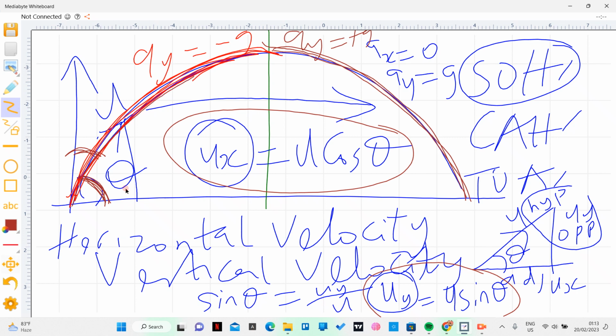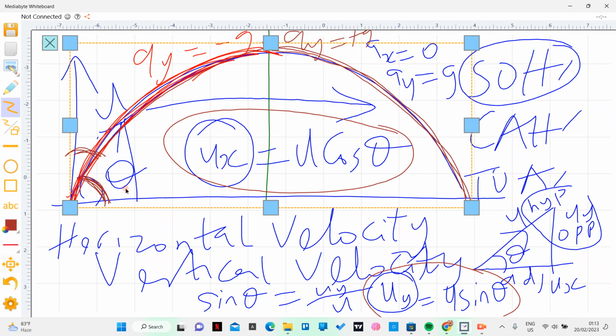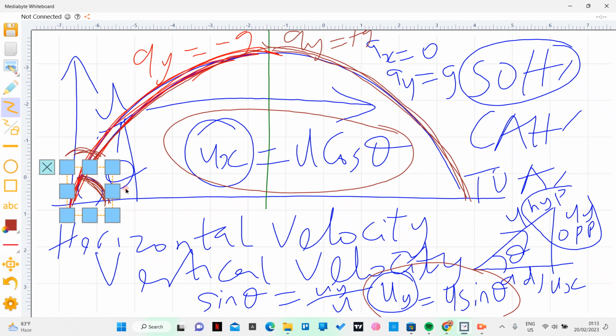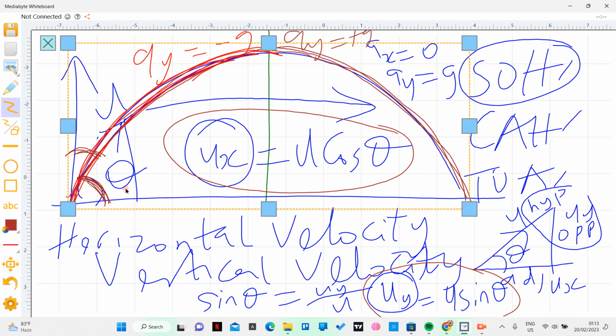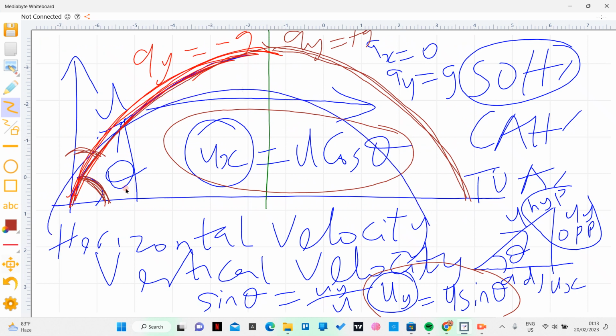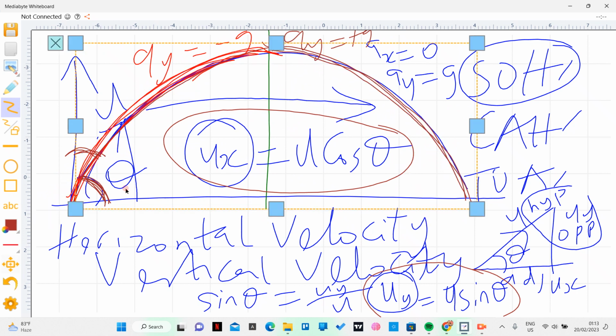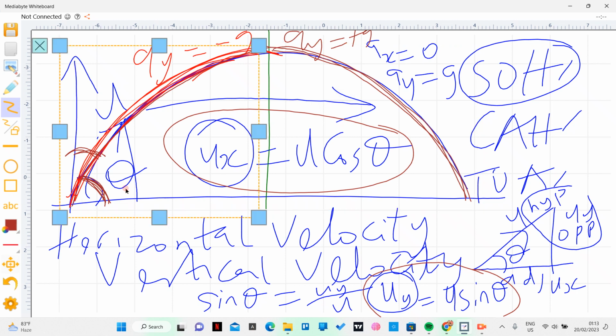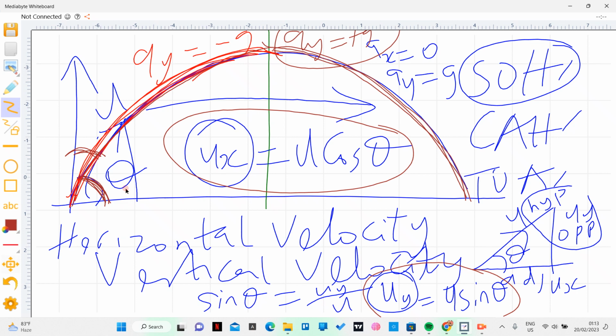Going upwards, for the first aspect, the vertical acceleration is minus g. While for the second aspect, the vertical acceleration is plus g, plus acceleration due to gravity.